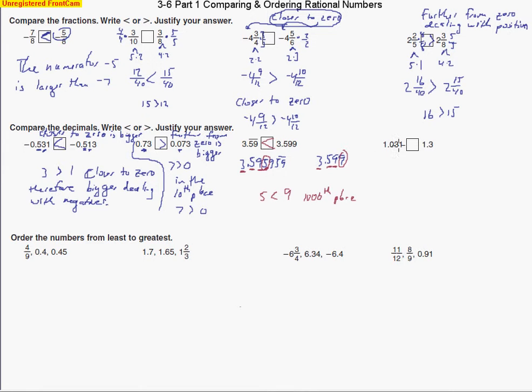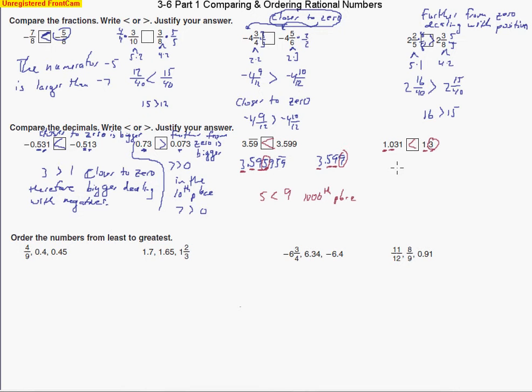Well, looking at our last one of that type, we look at the 1's place first. Again, we're dealing with positives, so the one that's further from 0 is the bigger number. So 1 is the same number, it's in the 1's place. Now I go to the 10th place, I see a 0 and a 3. So that means that 3 is the bigger number in that place value. So this is the larger value.